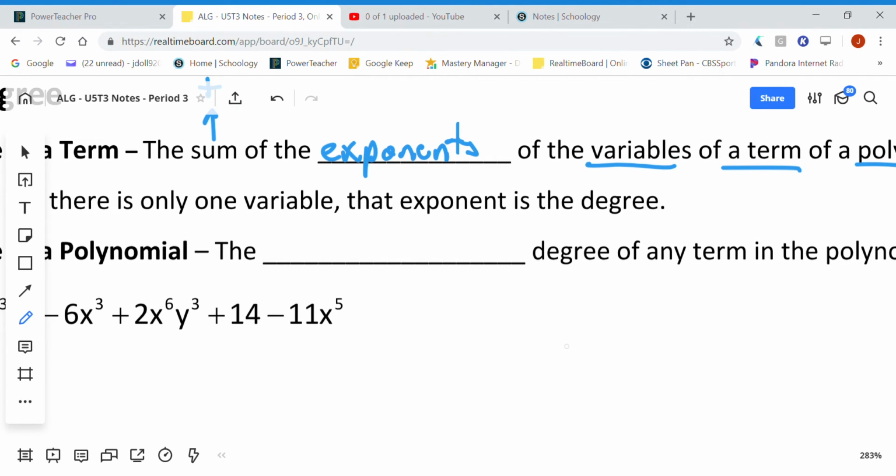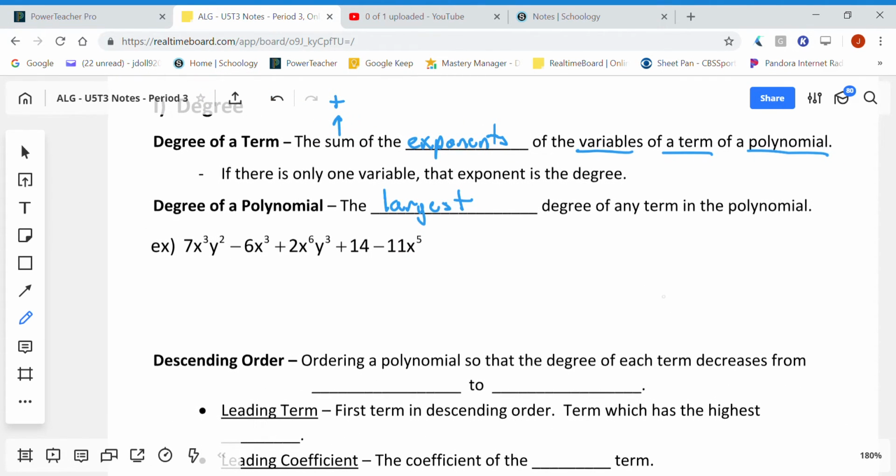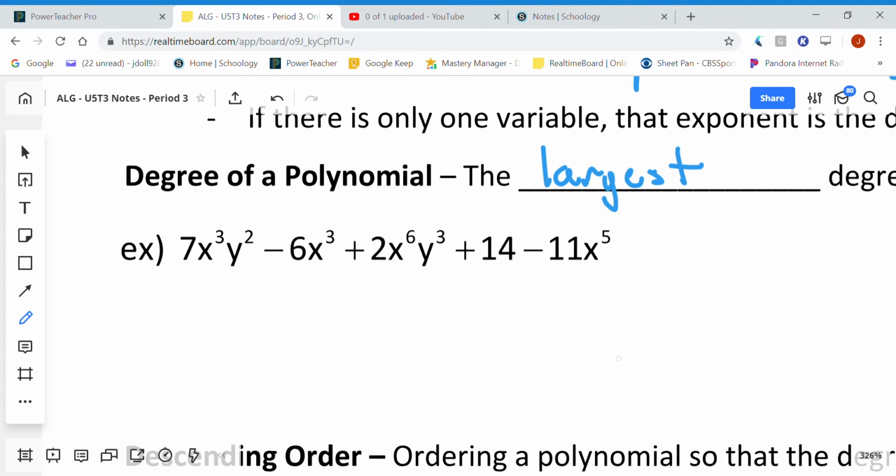The degree of the polynomial is the largest degree of any term in the polynomial. So we don't care about any terms if they have a degree smaller than the largest. When we talk about the degree of an entire polynomial, whatever's the largest wins. I know that's maybe not politically correct, but it's the way it goes.